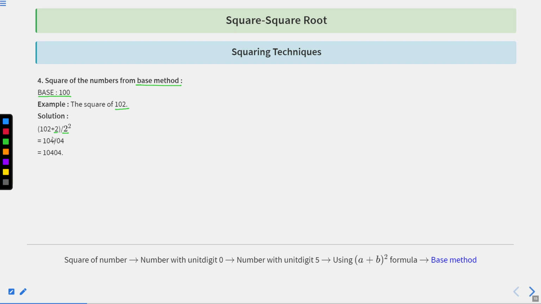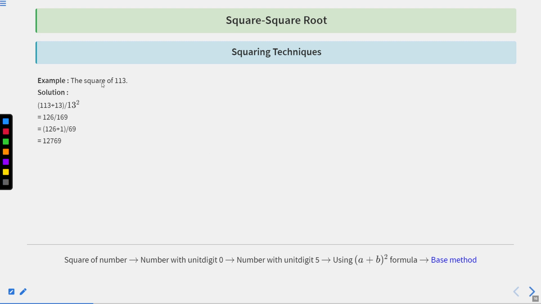So 102 plus 2 is 104 and 2 square is 4. So we will write it as 04. Okay, so just remove that divide sign and it will be 10404. So this is a very quick way to compute the square of a number that is close to 100. So the square of 102 is 10404.